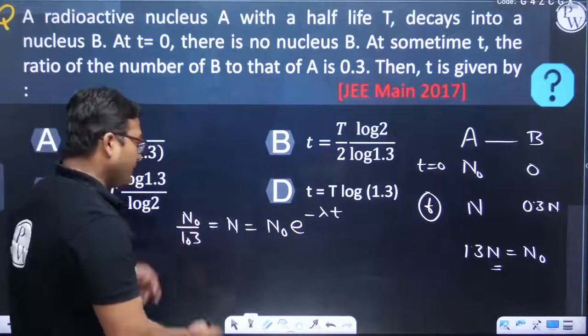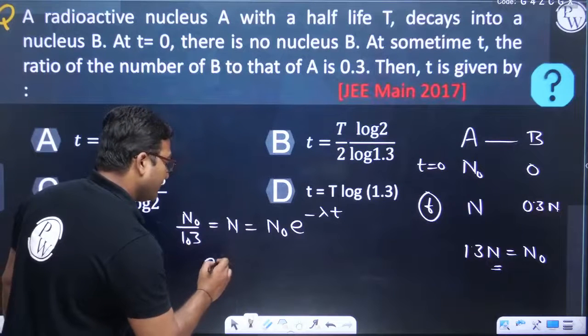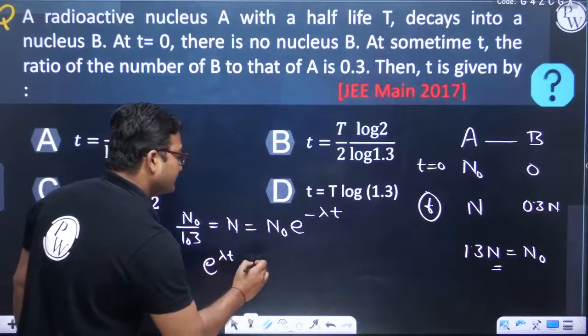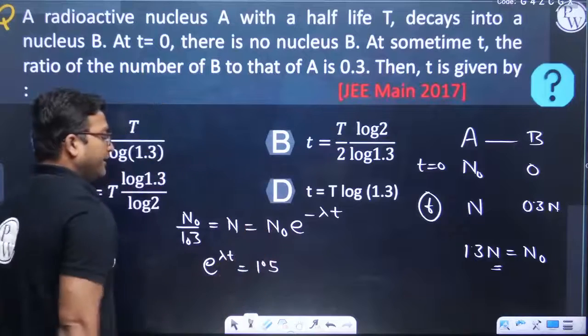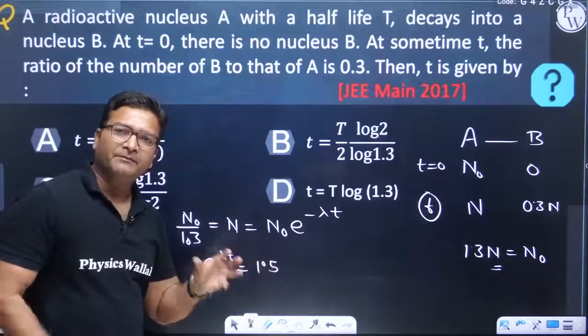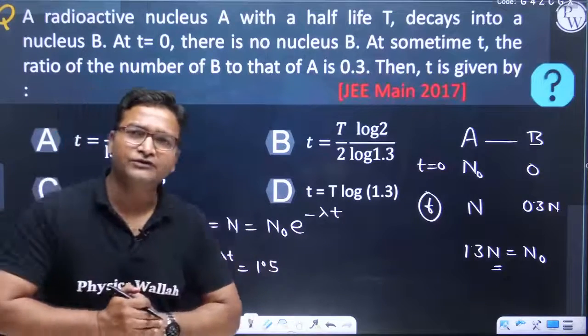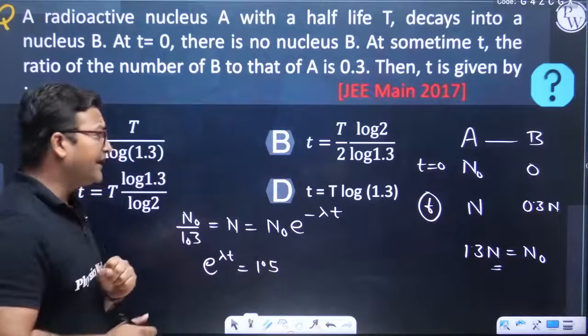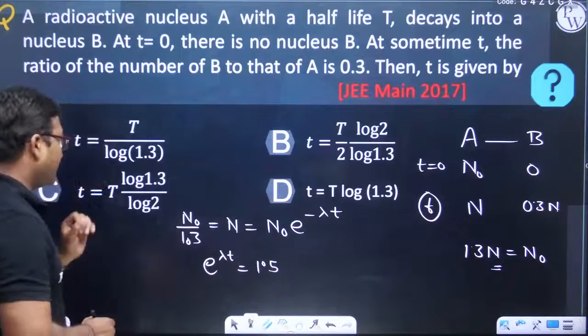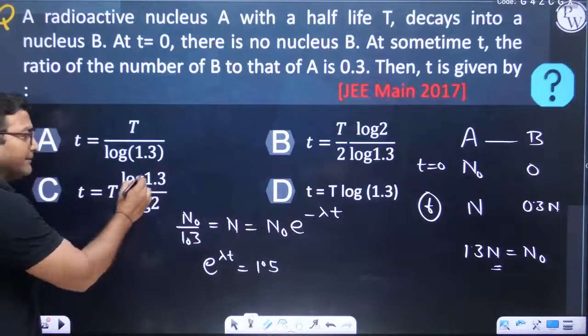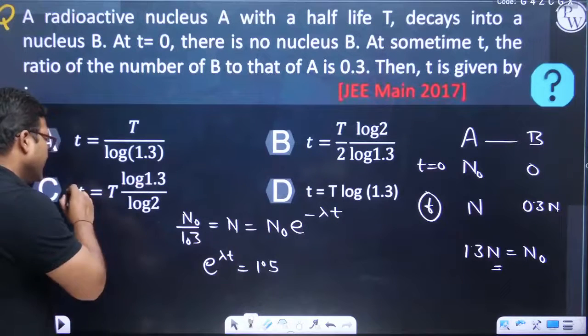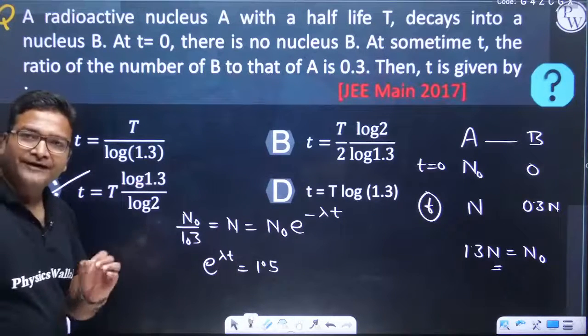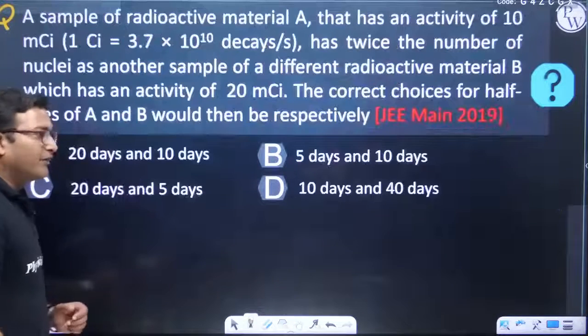And after flipping, you have e to the power lambda t equals 1.3. Taking log on both sides and putting lambda equals ln 2 by t half, you can easily calculate the half-life, and your half-life will come out to be t times log 1.3 by log 2. So option C is your perfect choice. Let us see what is next.